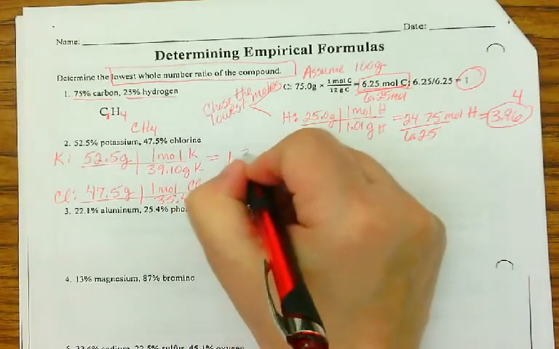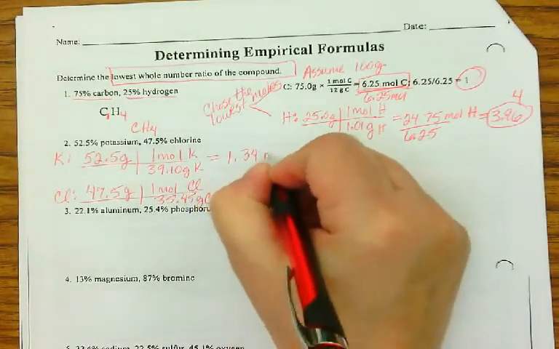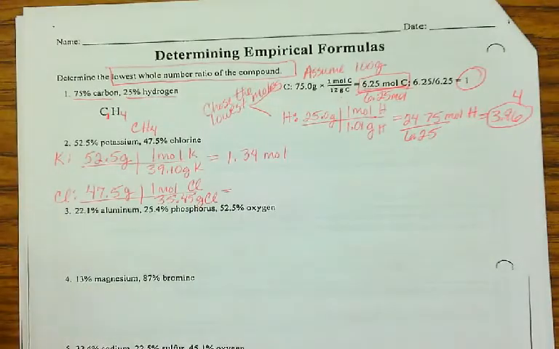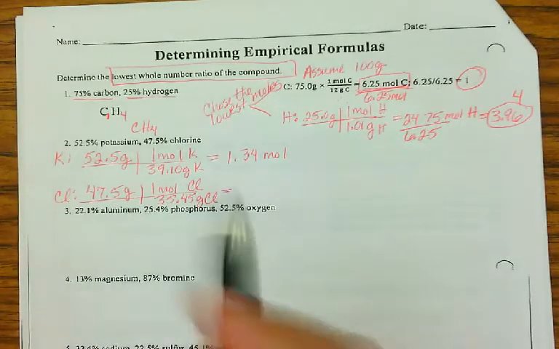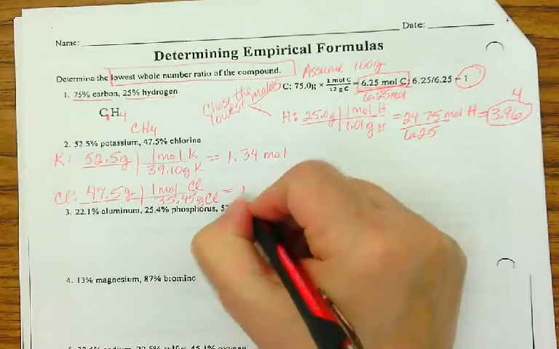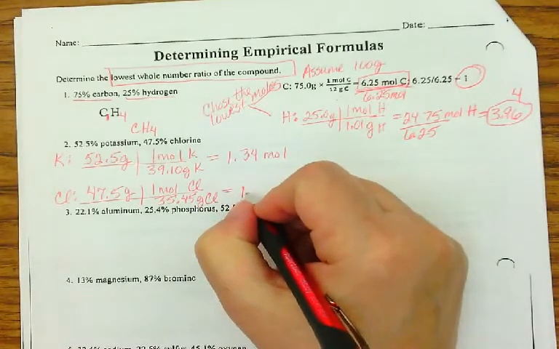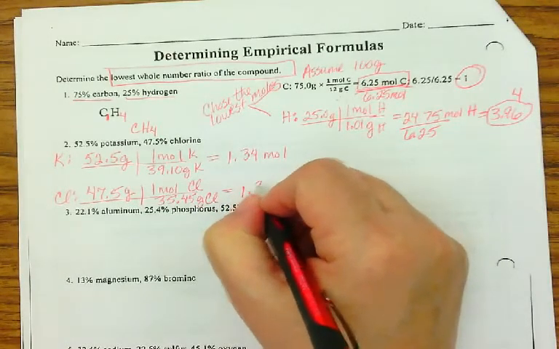So 1.34 moles, and this one is going to be 1.33, but it's a 9 next to it, so let's go 1.34.